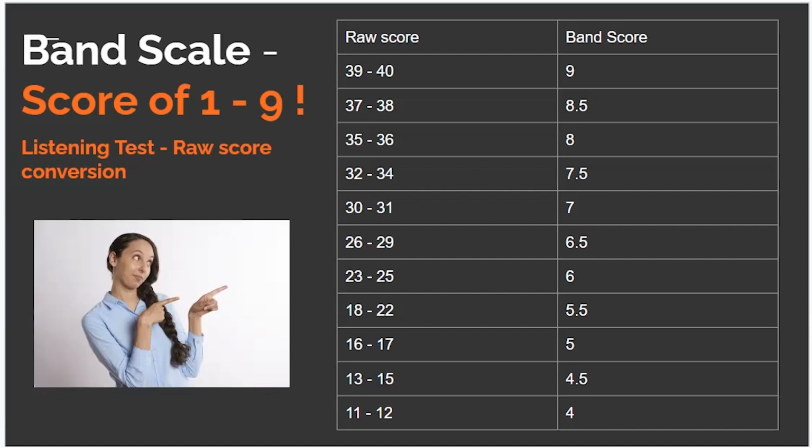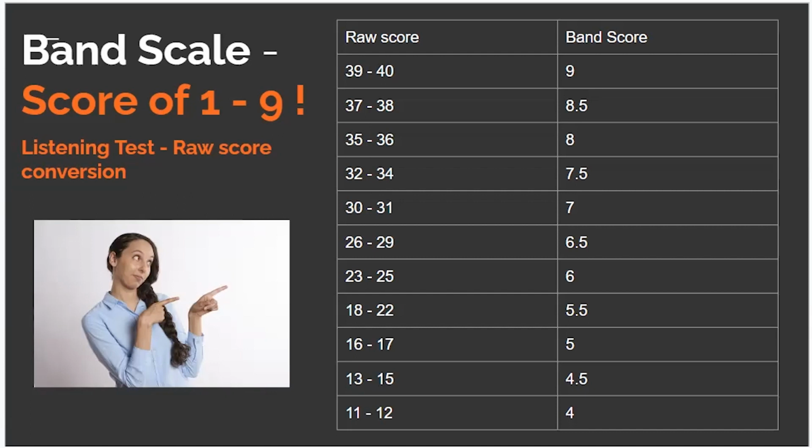First of all, it's the listening skill. For the listening test, the total score is 40. And here you can see the band score for each score. The one who scores from 11 to 12 may be awarded a band score of 4.